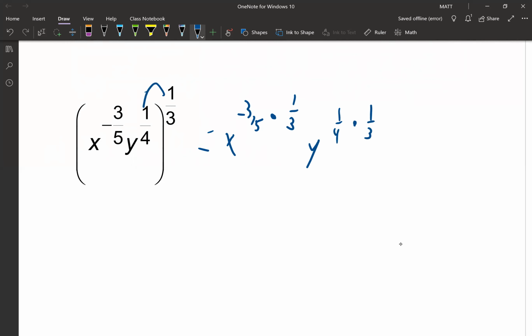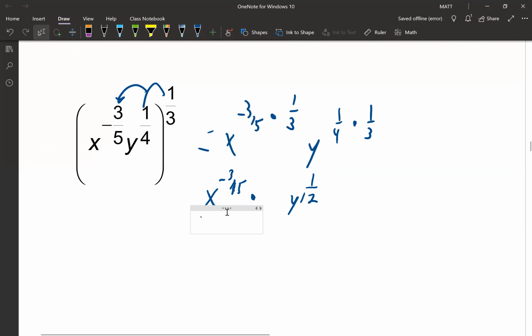So we're distributing that 1/3 to both of these. Here we multiply the tops, multiply the bottoms. We get x to the negative 3 over 15, and we get y to the 1 over 12. These are multiplied together. Okay, simple enough.